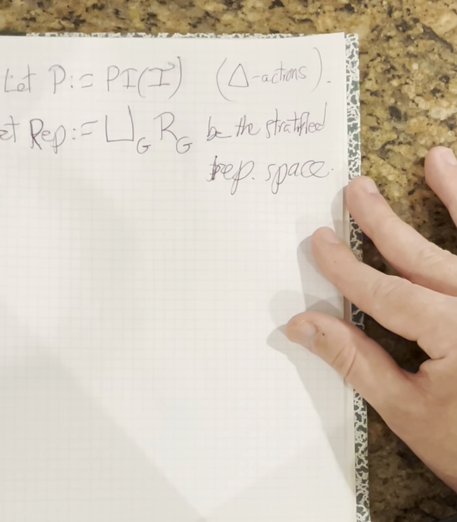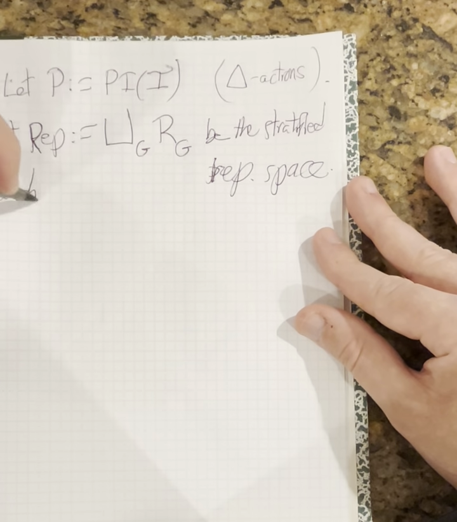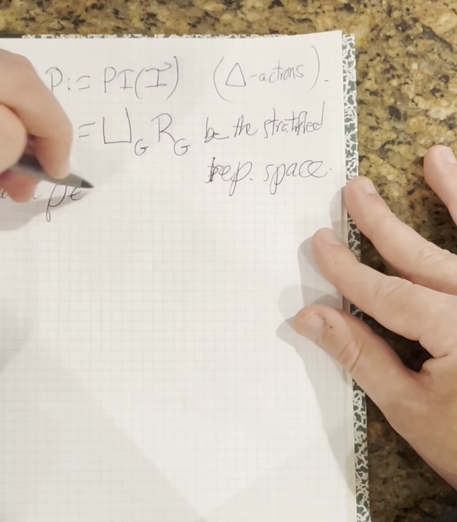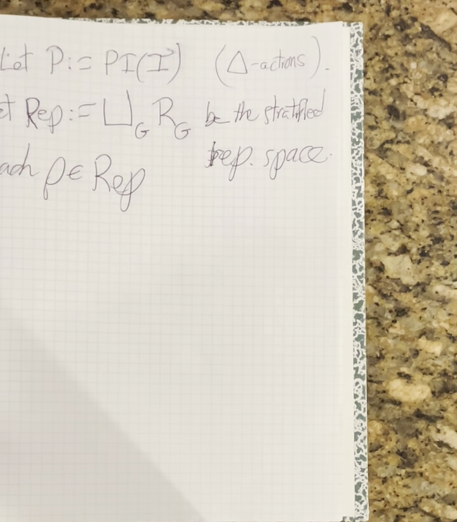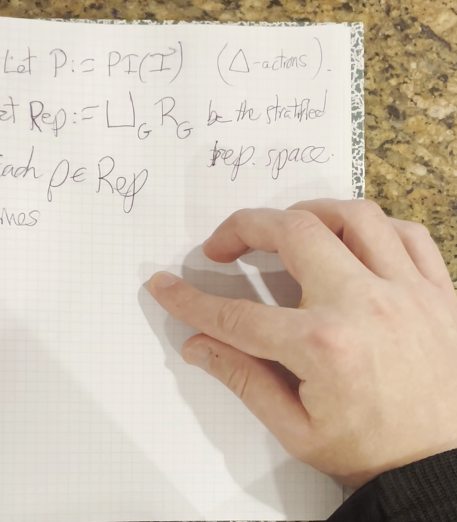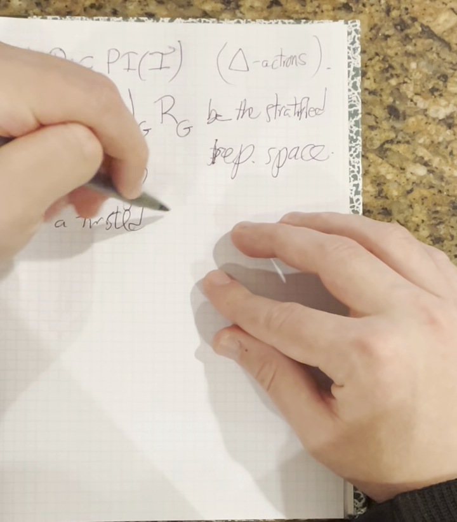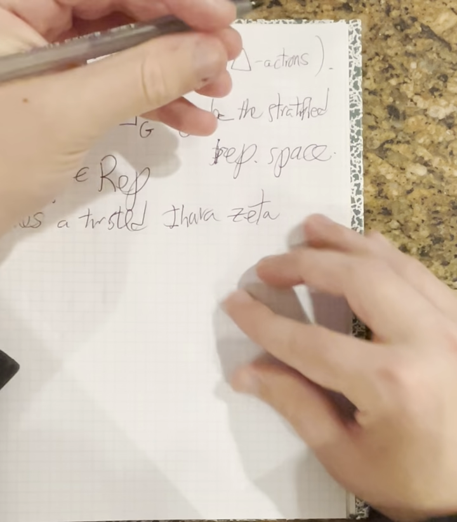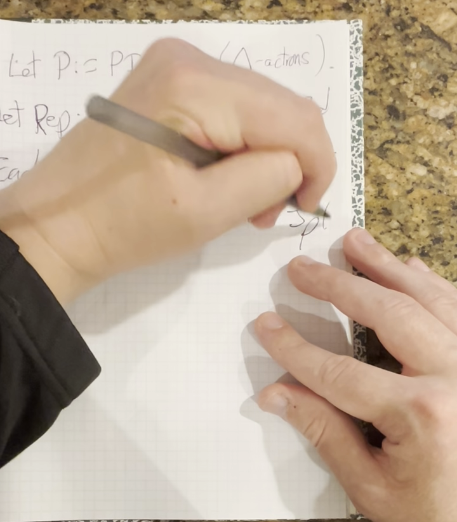Each holonomy representation rho in the space of representations gives a twisted Ihara zeta, which I'll denote zeta sub rho of u.